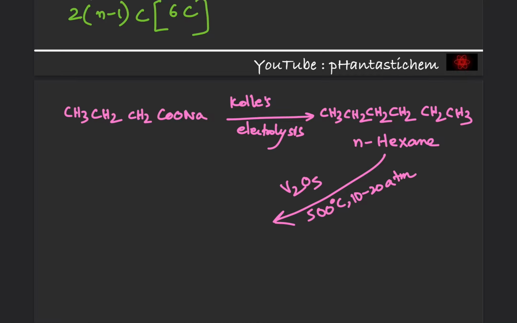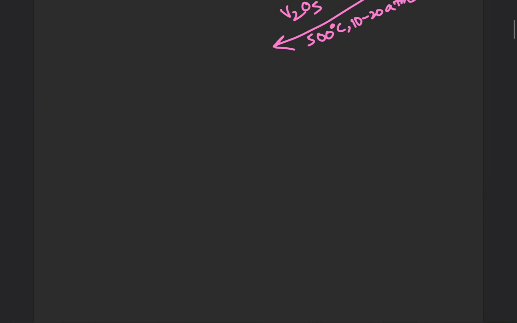So we should know that when alkanes containing 6 carbon atoms are heated to about 500 degrees Celsius under 10 to 20 atm pressure in the presence of a catalyst consisting of oxides of vanadium, they get converted into the corresponding aromatic hydrocarbon, that is benzene.